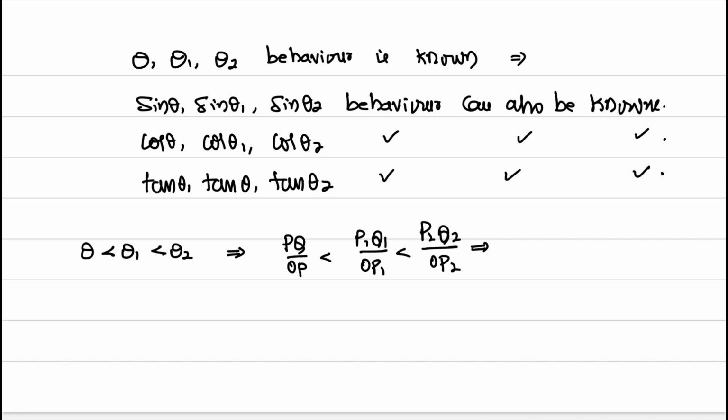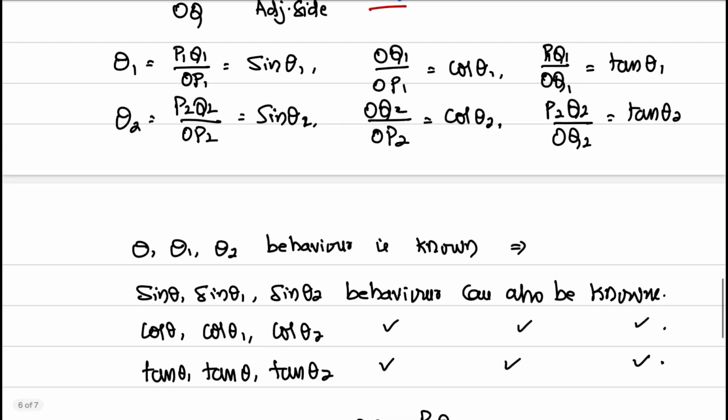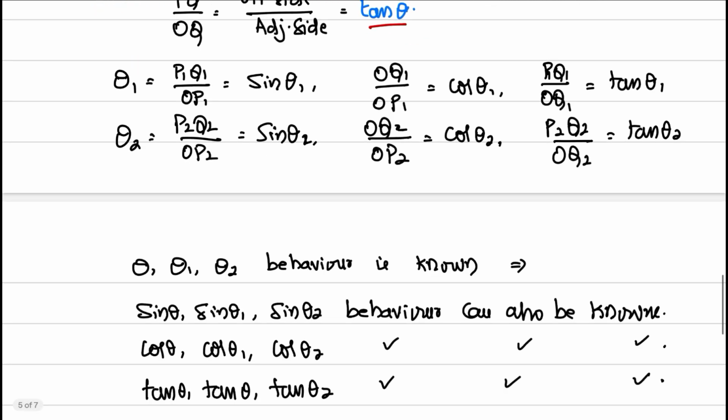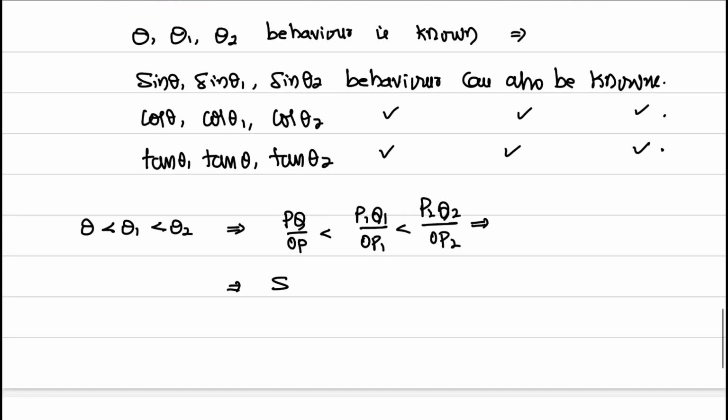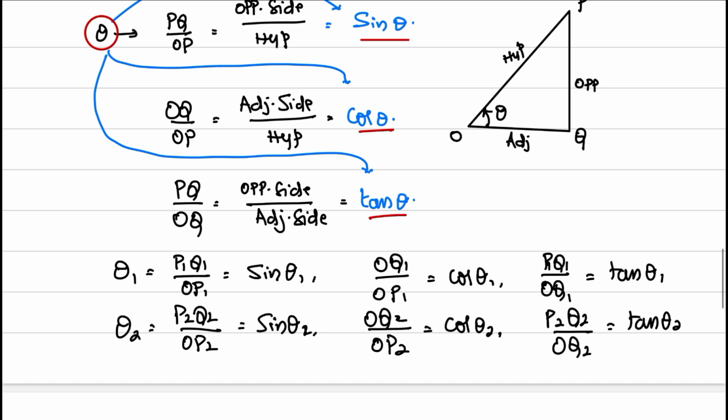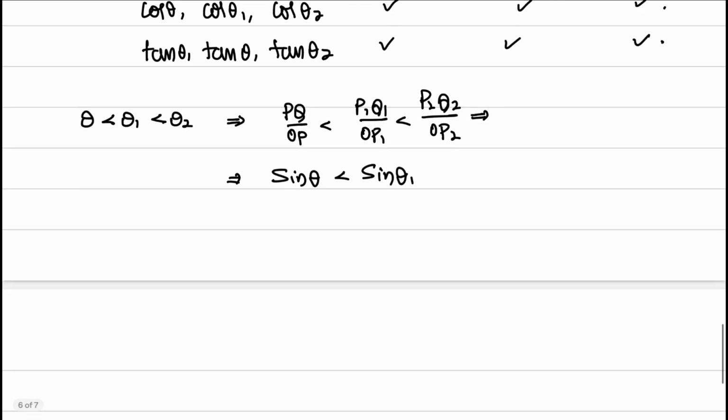What is PQ by OP? PQ by OP is sin theta. So sin theta is less than sin theta 1, P1Q1 by OP1 being defined as sin theta 1, which is less than sin theta 2, P2Q2 by OP2 being defined as sin theta 2.